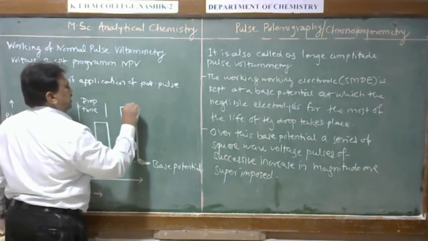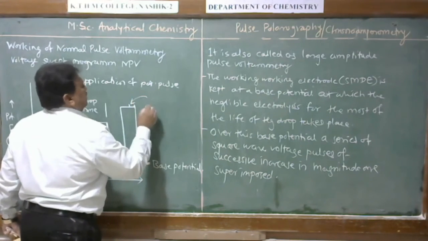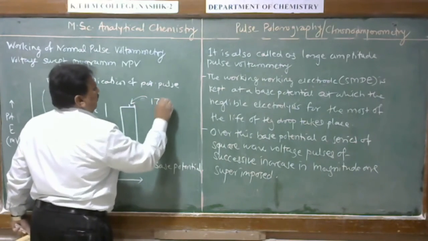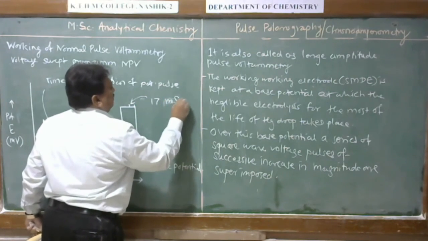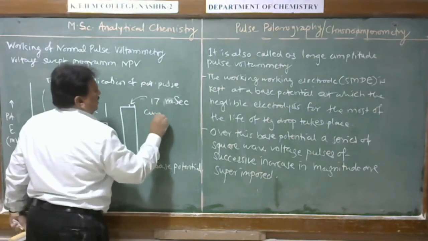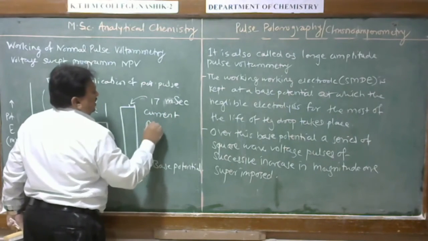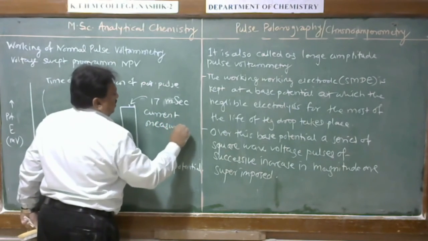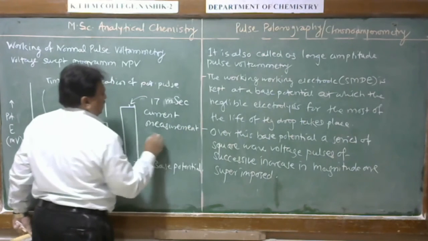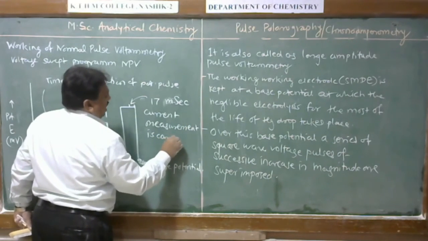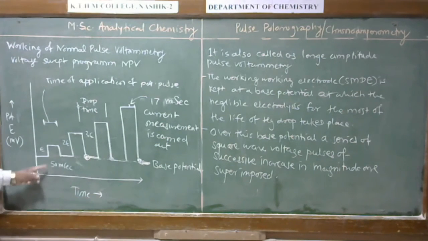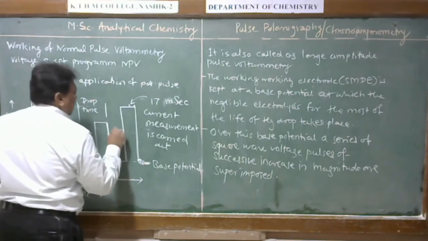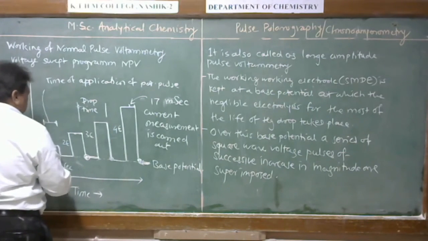Before 50 millisecond, before 17 millisecond, the current measurement is carried out. That means here potential pulse are applied with increasing potential.